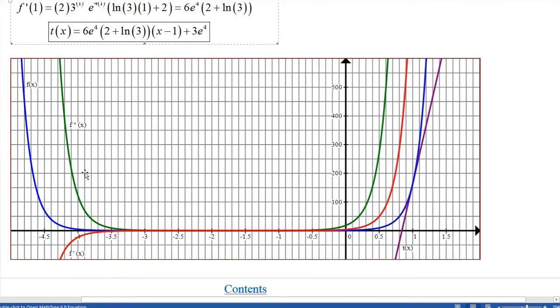Now, since the second derivative is always positive, the original function is always concave up. That seems to be reasonable for what we see here. The first derivative then is negative over here, crosses at that point I mentioned a while ago, and then goes into positive. And so that means the original function is decreasing and then increasing.